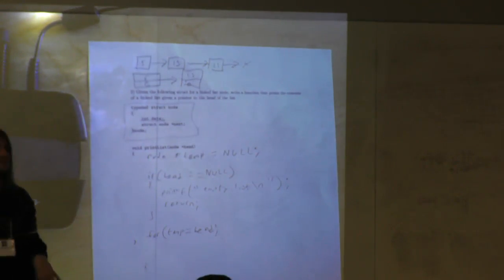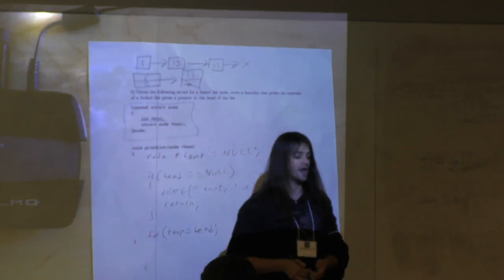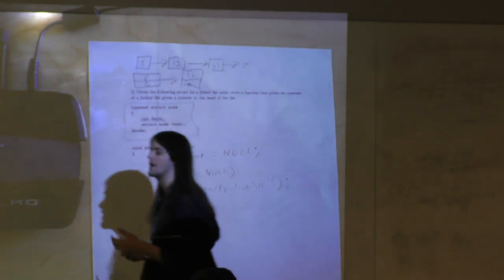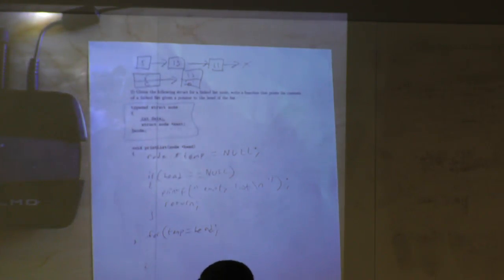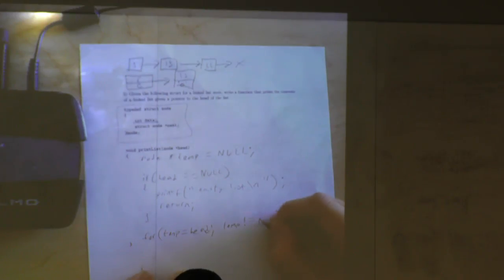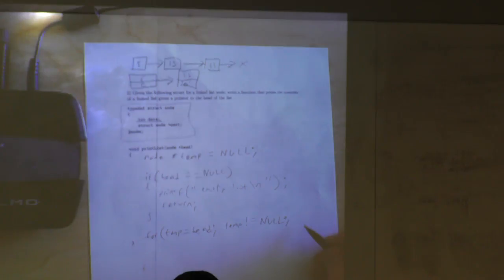Remember before, when we were doing the traversal, we went, we printed, we went, we printed, and when we hit null, we stopped the loop. So we want to continue looping while temp is non-null, so not equal to null. That's a way you can check that. Also, in order to get to the next thing in our linked list, we need some sort of increment statement here.